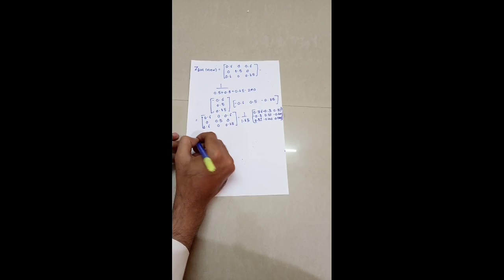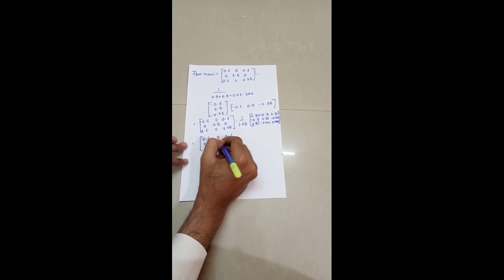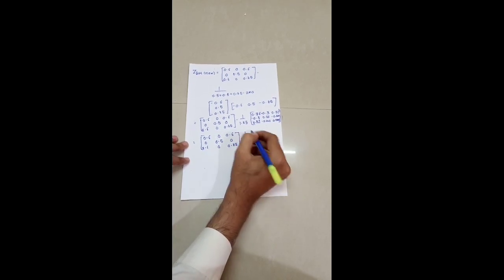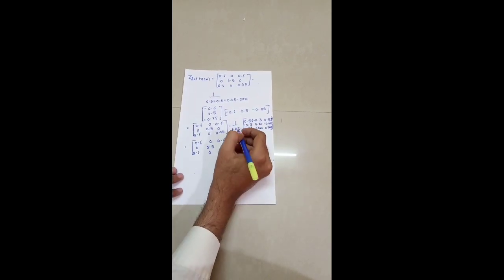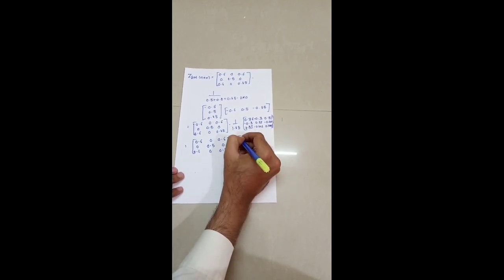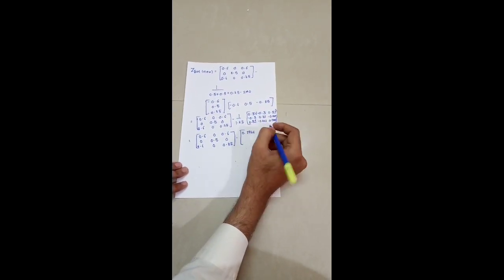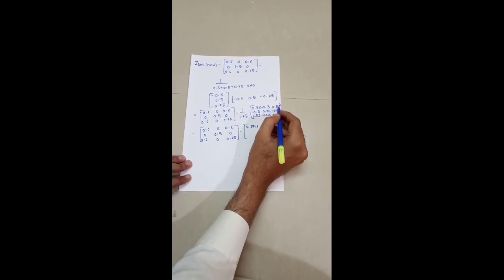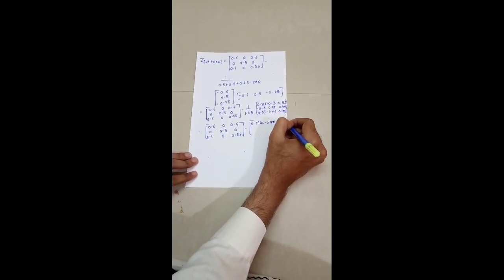Now the Z is equal to 0.6, 0, 0.6, 0, 0.5, 0, 0.6, 0, 0.85 minus 1 divided by 1.85 times the matrix. 0.36 divided by 1.85 is 0.1946, minus 0.3 divided by 1.85 is minus 0.1621, 0.51 divided by 1.85 is 0.2756.